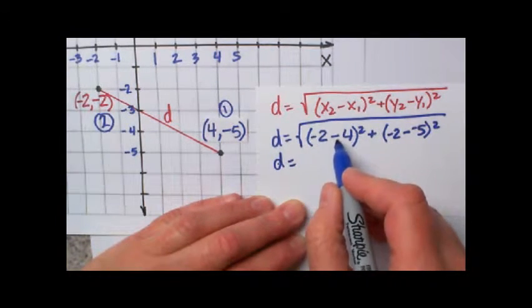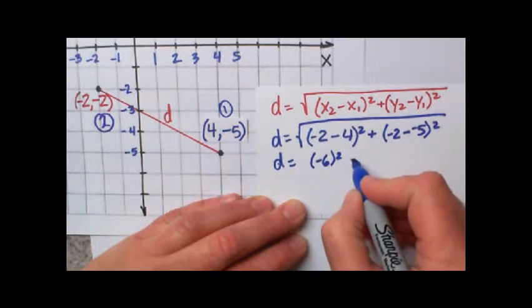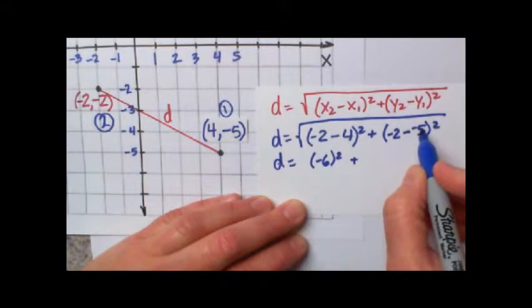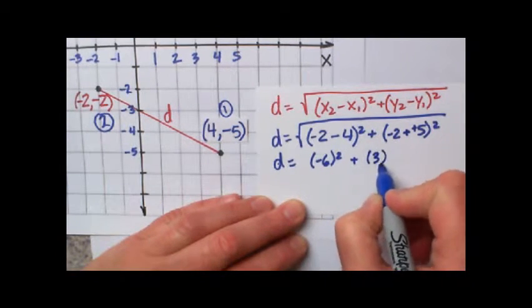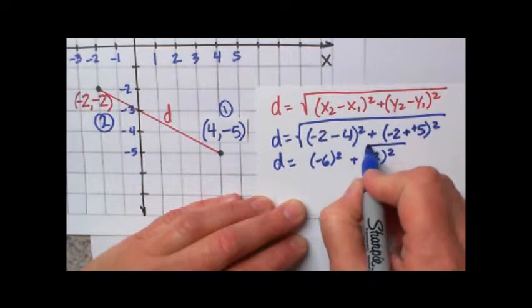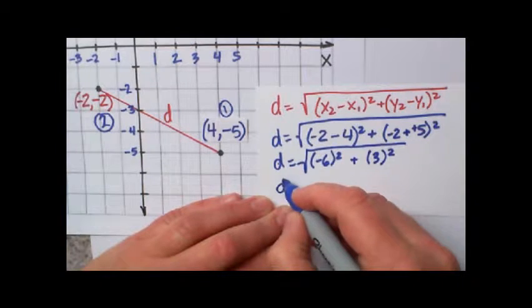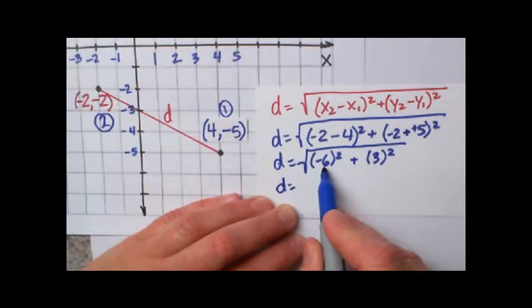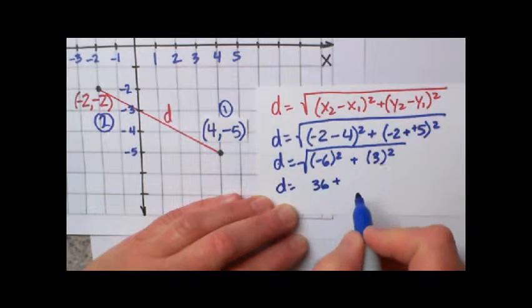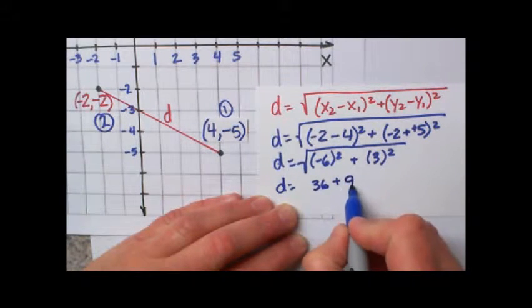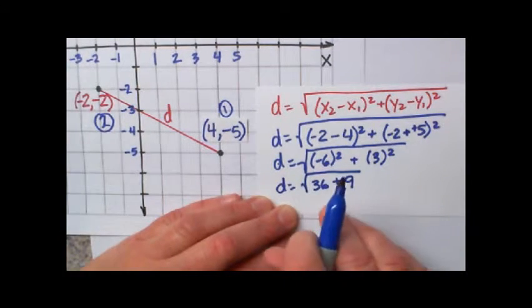So -2 minus 4 is actually -6, right? So let's square that. Then I've got -2 minus a -5. Well, I'm going to add the opposite here, and that's going to give me 3 squared. Still under the radical. So I've got -6 squared is 36 plus 3 squared, which is 9, all under the radical.